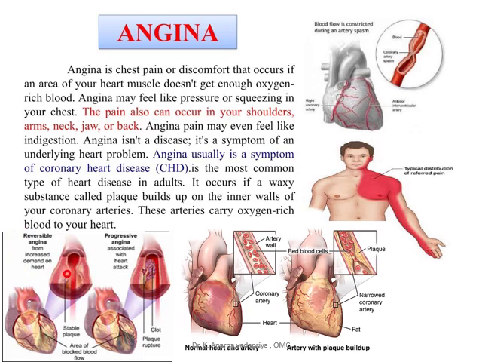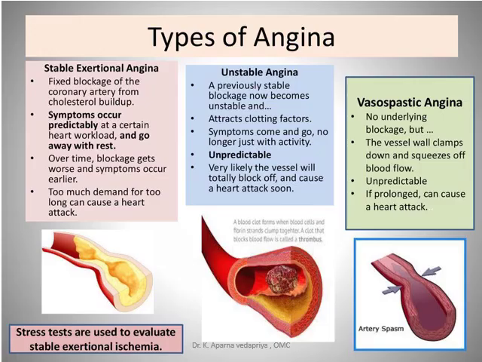So this formed clot may get dislodged, forming a thrombus, and get the other areas of the coronary artery occluded, which is called progressive angina, which is very dangerous and is mostly associated with heart attack. So that has to be kept in mind.